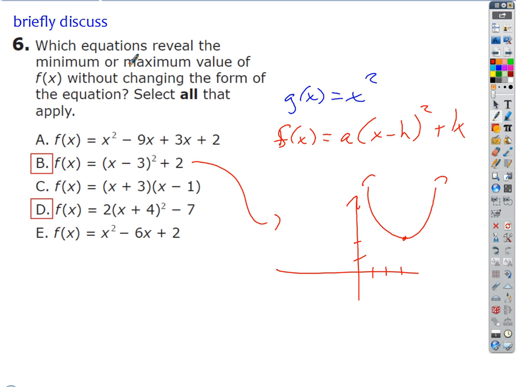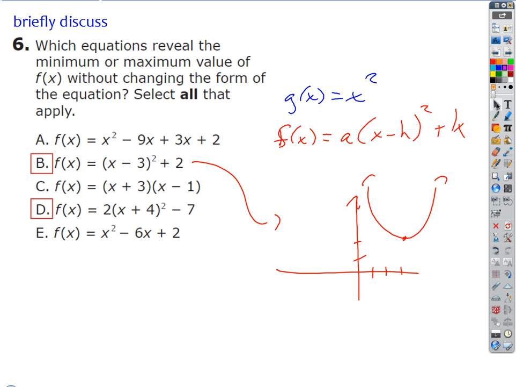See what I'm saying? Because it's in that form. It's in the form a times the quantity x minus h squared plus k. So is that one. What's a? What's h? What's k? -7. So we don't even need to graph it. We just see that we could if we wanted to. Both of those would be easy to graph and find the minimum or the maximum. Find the vertex, right? Make sense?